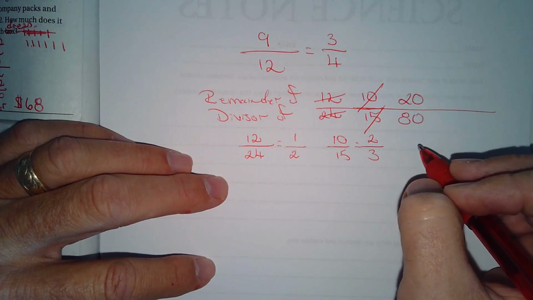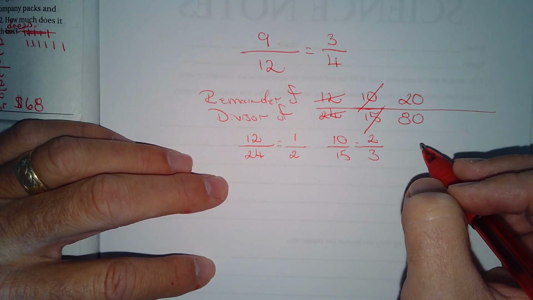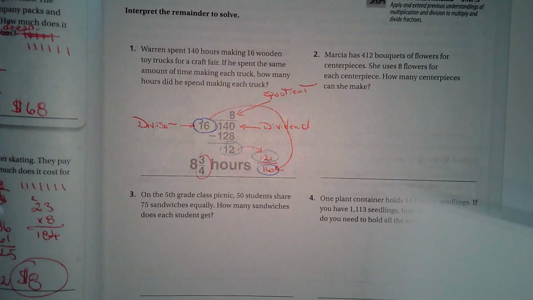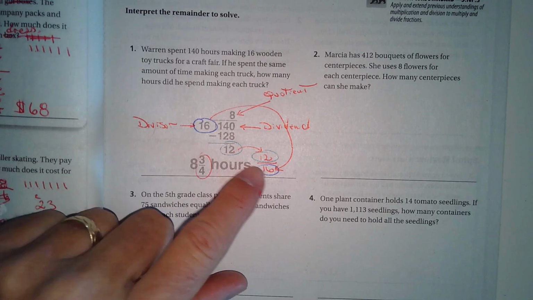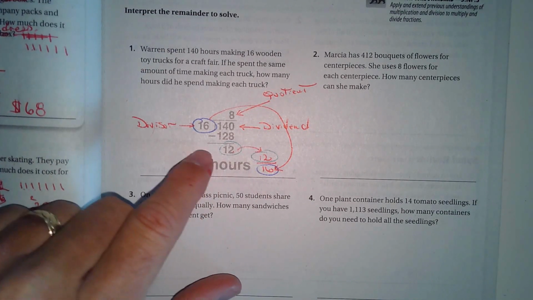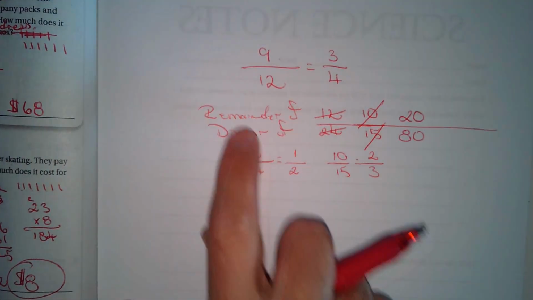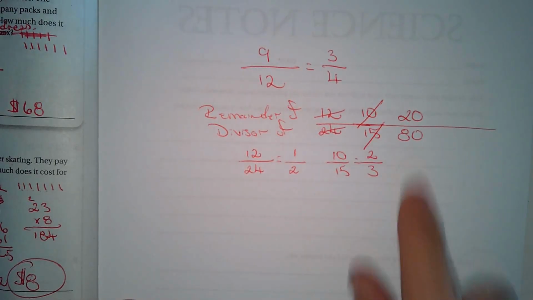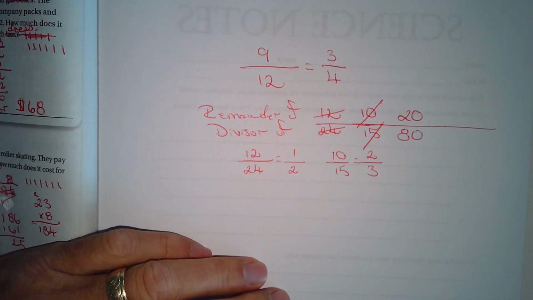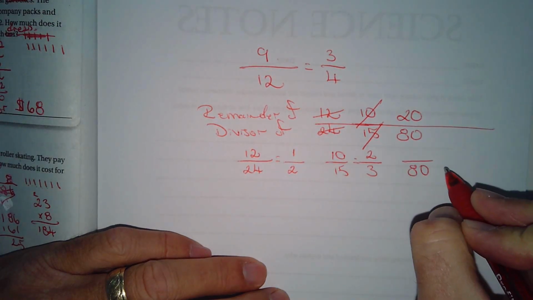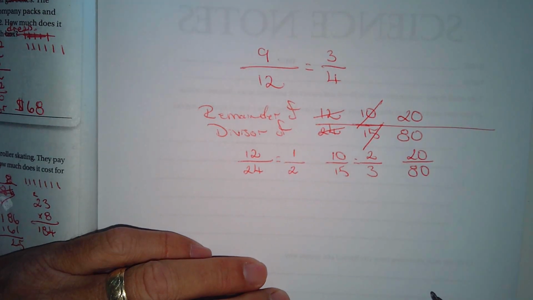What would I write it as? So back to this. The divisor goes on the bottom, and the remainder goes on top. Remainder is 20, divisor is 80. How would I write that fraction? Say again? Okay, what goes on the top? 20, okay. So you guys got to learn how to do this.